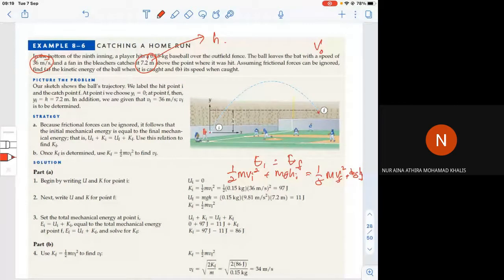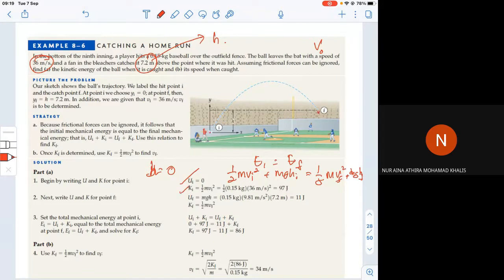So when it hits, look at the initial values. The initial potential energy is 0 because the height from where it was hit is 0. So that's why the potential energy is 0.